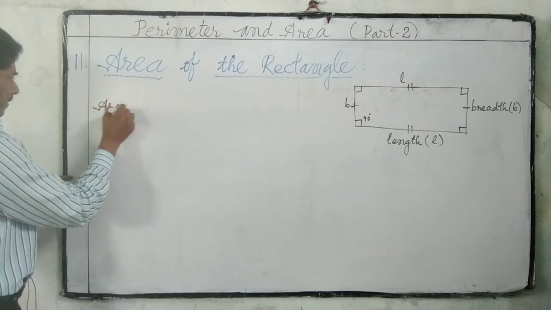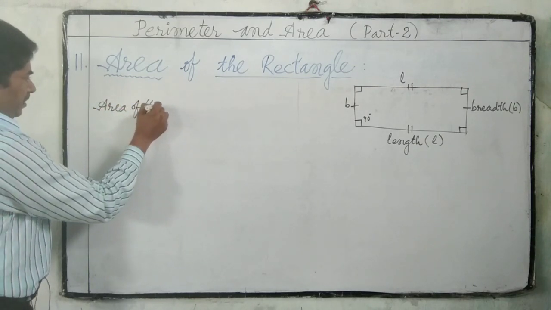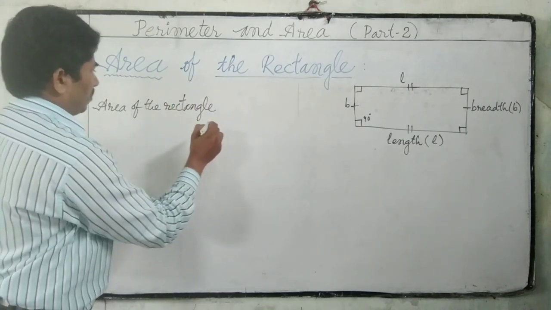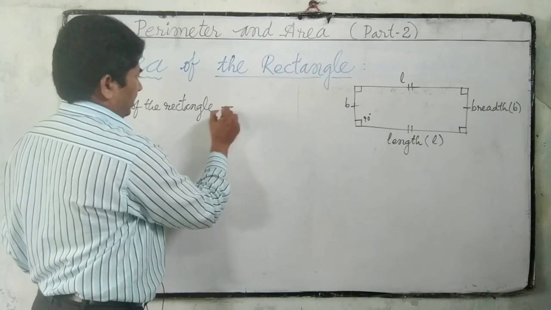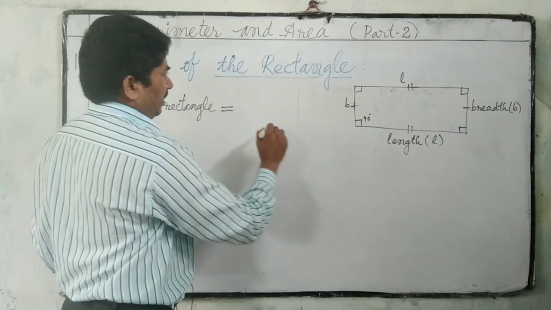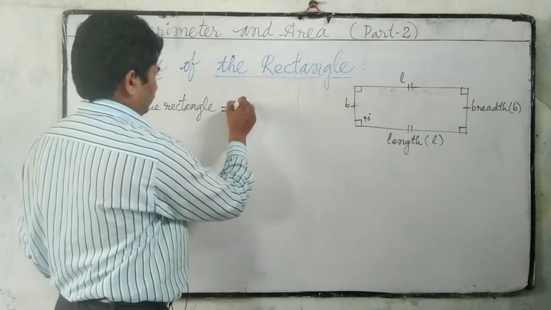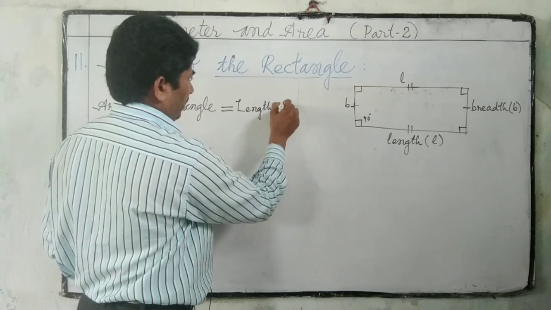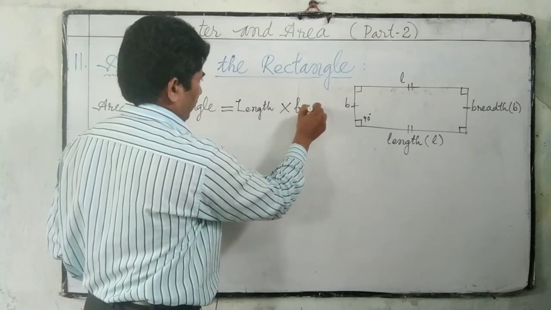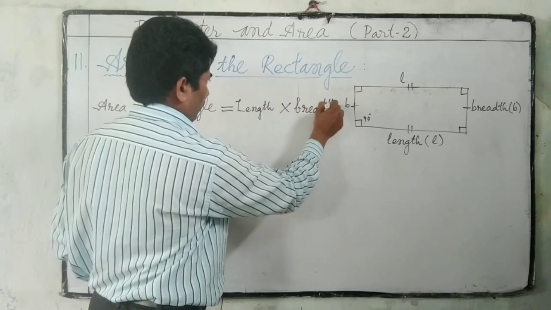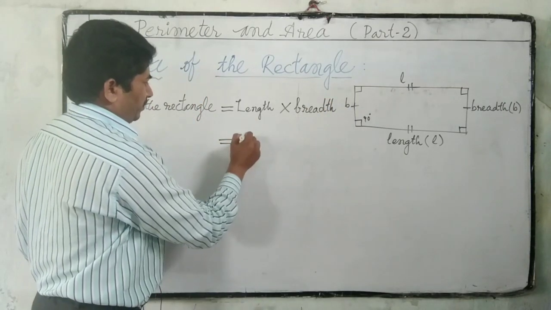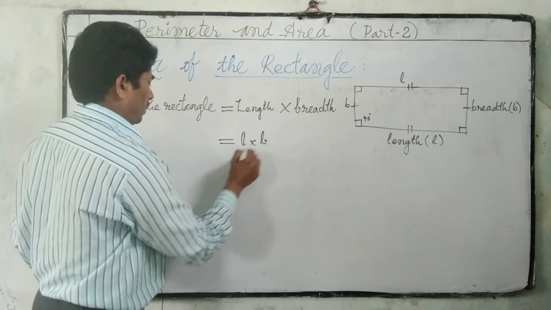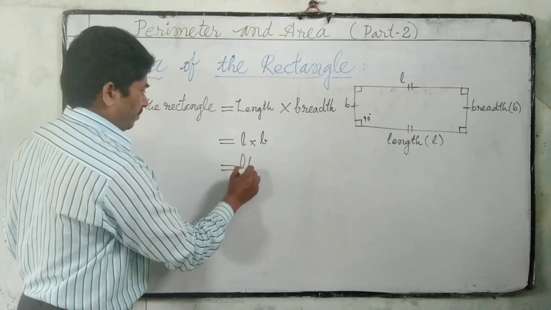Area of rectangle. Area of the rectangle is equal to length into breadth. Length into breadth. That is L into B, LB.